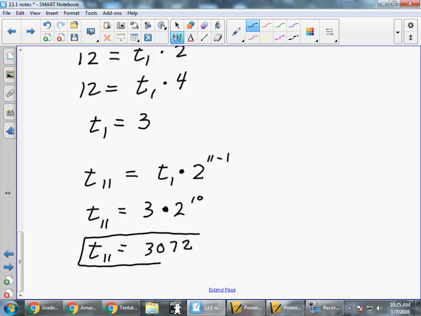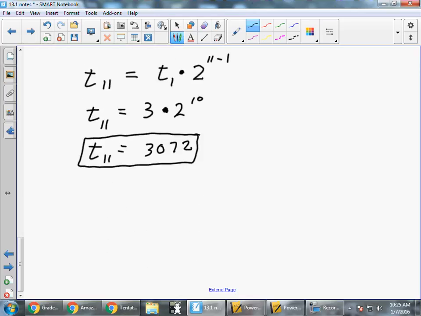Okay, so there's T sub 11, but as a bonus, let's think of this. We said T sub 1 was 3. T sub 2 then would be what? Common ratio. What was it? 2.